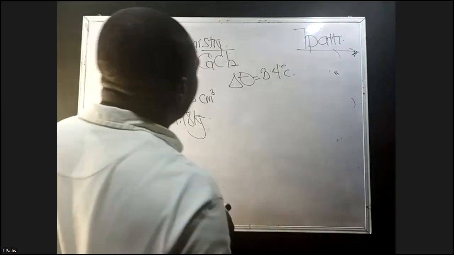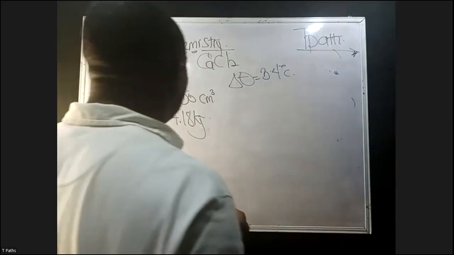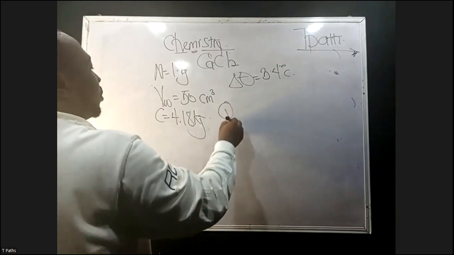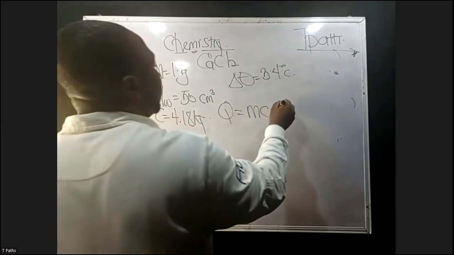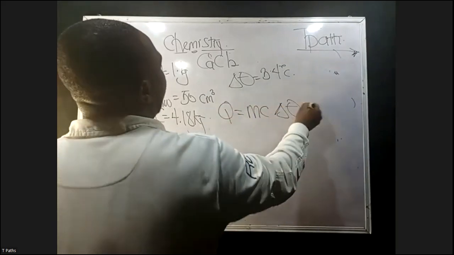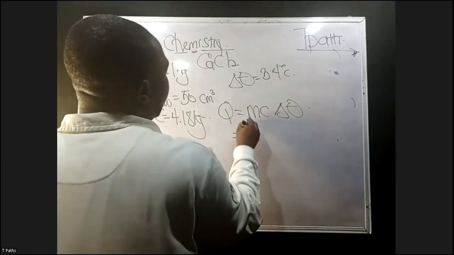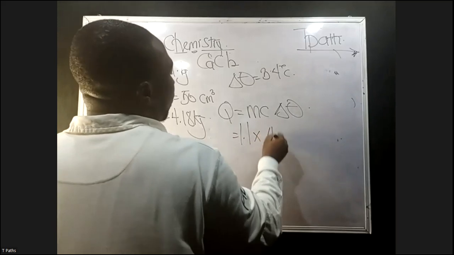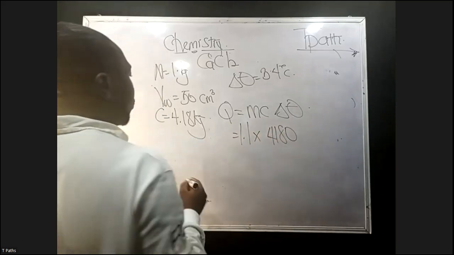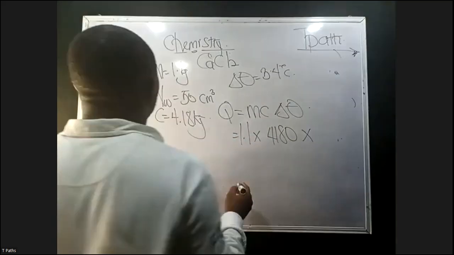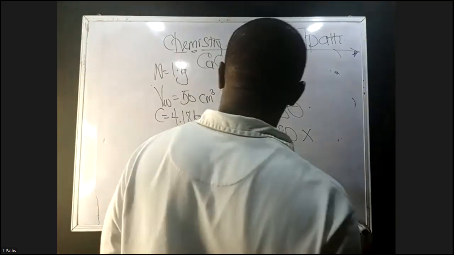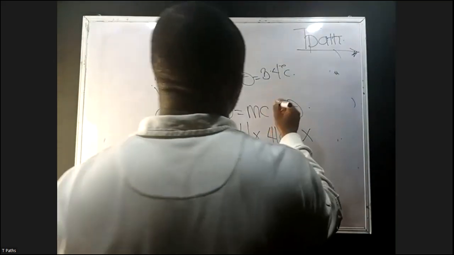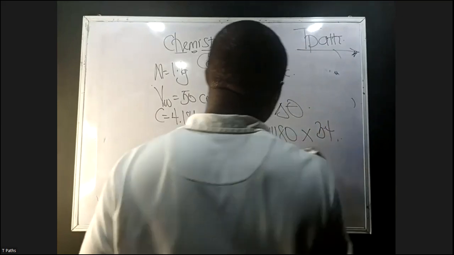So now we need to do this. Let's record that Q is equal to m C delta theta. Your mass is 1.1, C is 4.18 kilojoules, which we convert to 4180 joules. Delta theta is 3.4.